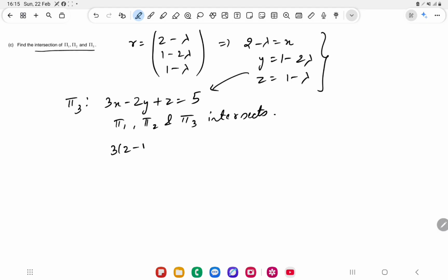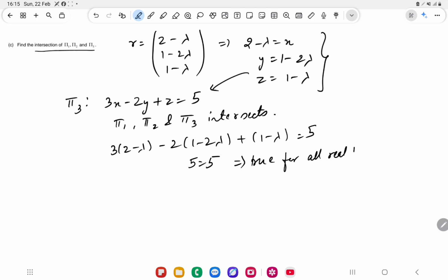So I can substitute these points into this equation. So I will get 3 times (2 minus lambda) minus 2 times (1 minus 2 lambda) plus (1 minus lambda) is equal to 5. On solving this, you will see 5 LHS equals RHS. It means it is true for all real values of lambda.